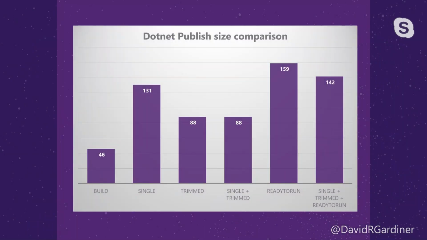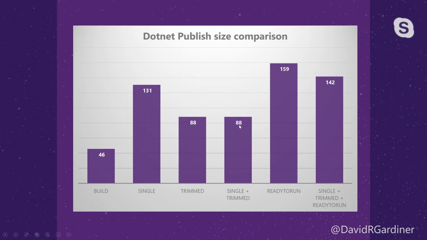Okay, here's a little comparison I put together. I've got a larger solution than the one I'm demonstrating now, just to see the size differences with these different options. On the left, it's just a simple .NET build, and that produced 46 meg of output. When I wanted to produce a single exe, which also includes the runtime, we went up to 131. If I just use the trimmed option, then I've got it down to 88.